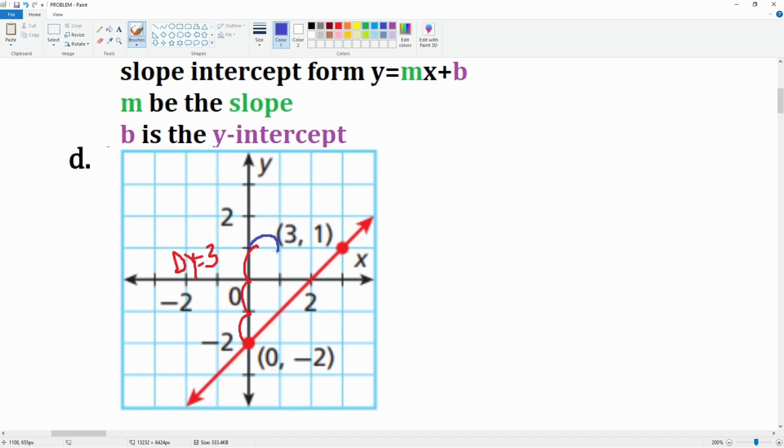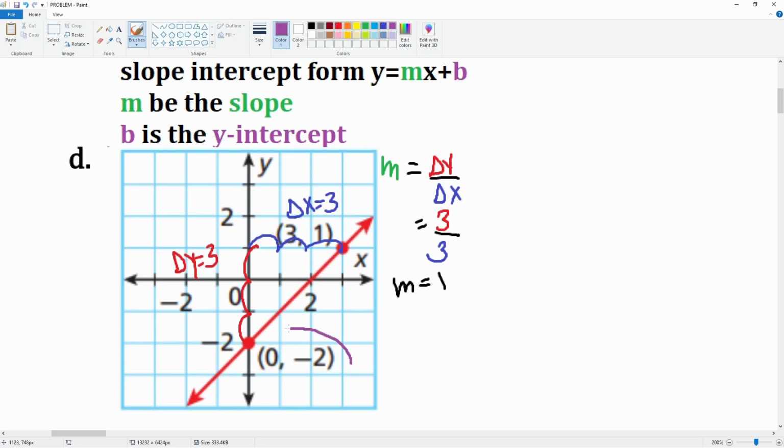And x is 1, 2, 3. Delta x is 3. So the slope is defined as delta y over delta x. Let's plug in the values. Delta y was 3, delta x was just 3. This simplifies to just 1, so m is equal to 1.